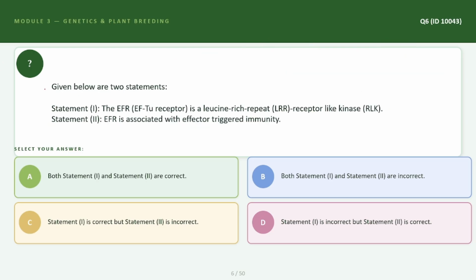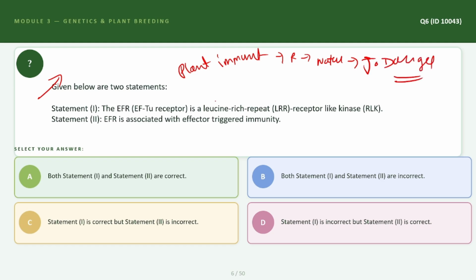Then this is also something I already discussed: read the plant immunity review paper in Nature by Jones and Dangl. Here it is the zigzag scheme of immunity.